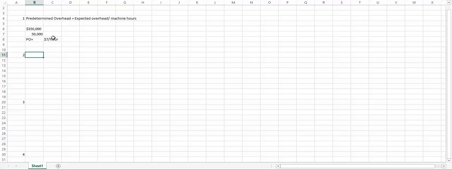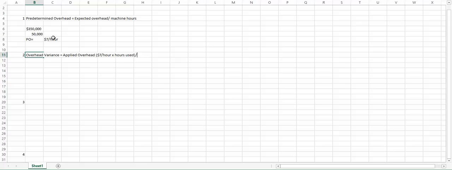The second question on your homework asks you to figure out the overhead variance. To do that, you're going to have to take your applied overhead, and that is going to be the predetermined overhead rate, in this case the $7 an hour, times the actual number of hours used.